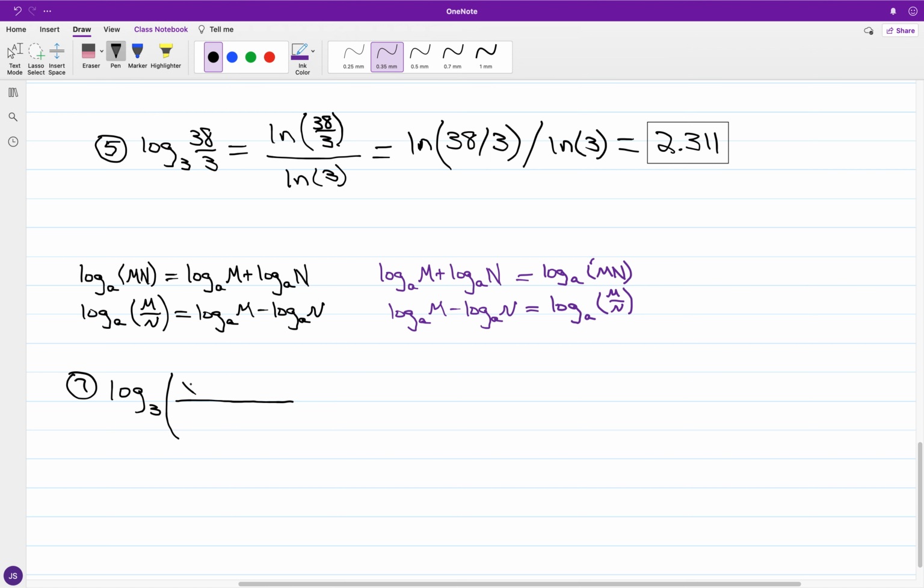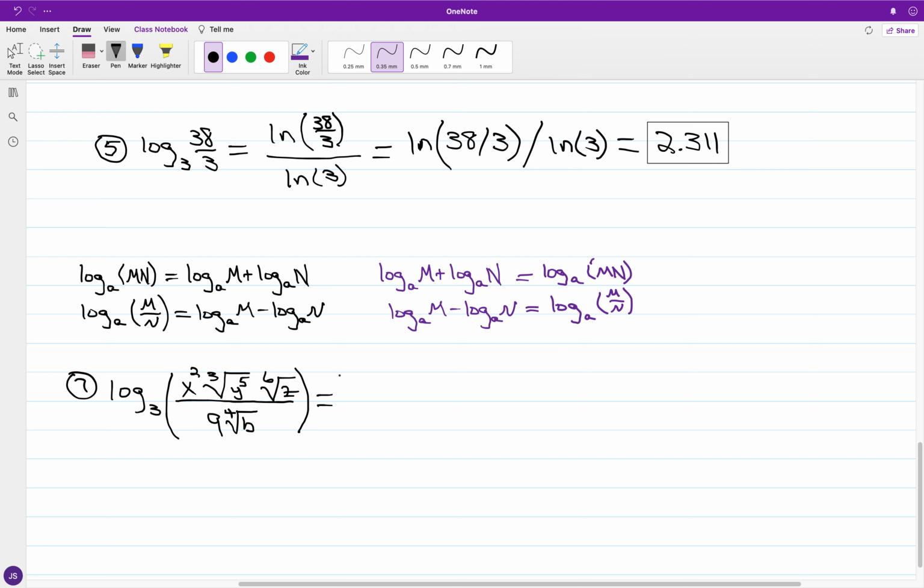So you have x squared, and we have times the cubic root of y to the 5th, and we have times the 6th root of z, and we have all over 9 times the 4th root of b.